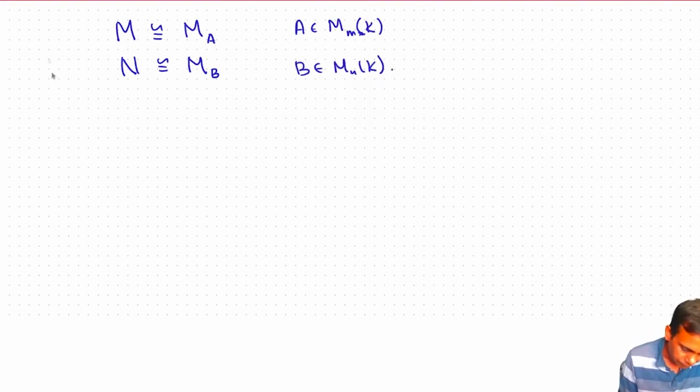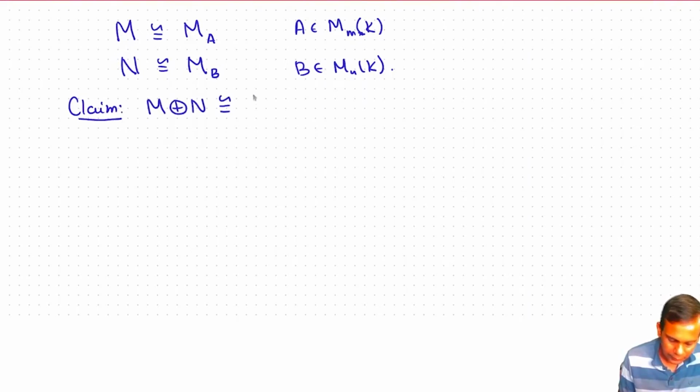Then I claim that M direct sum N comes from the block diagonal matrix with block diagonal entries A and B.